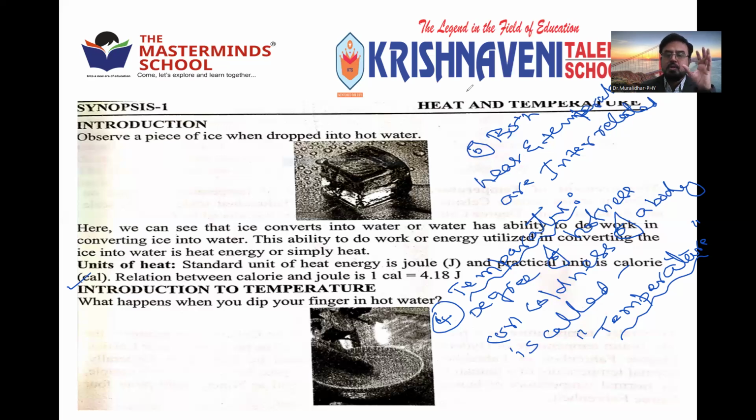Degree of means, suppose when you are touching hot water or any hot body, we can feel how much it is based on how much it burns. But we cannot say by touching it is 30 degrees or 10 degrees. Correct or not? That degree is called temperature.